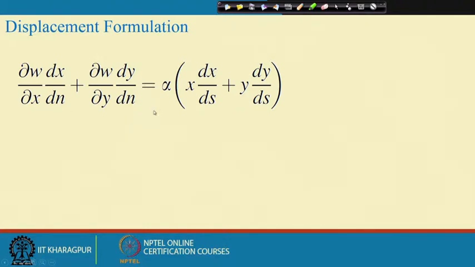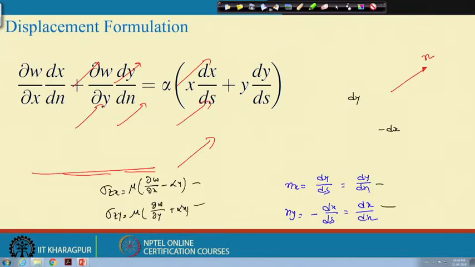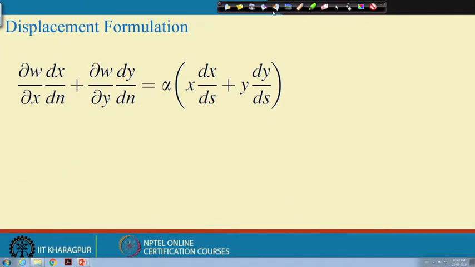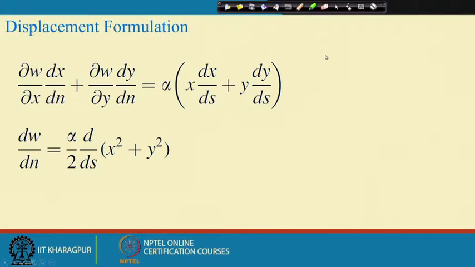Okay. Now, before that let us see. You get an expression like this, and then finally, what you do is you substitute this.